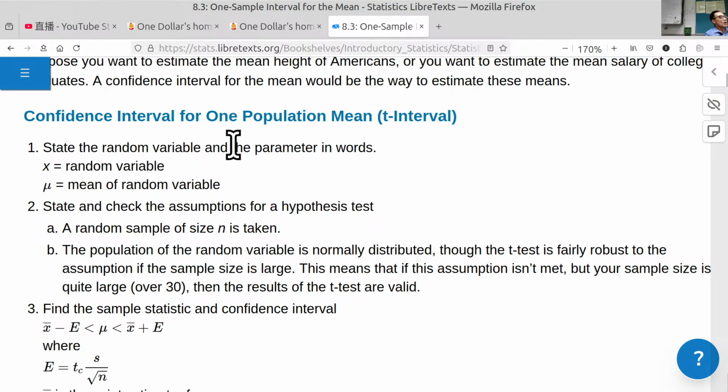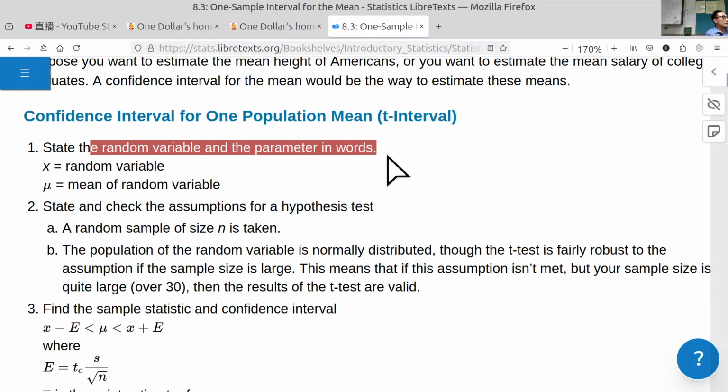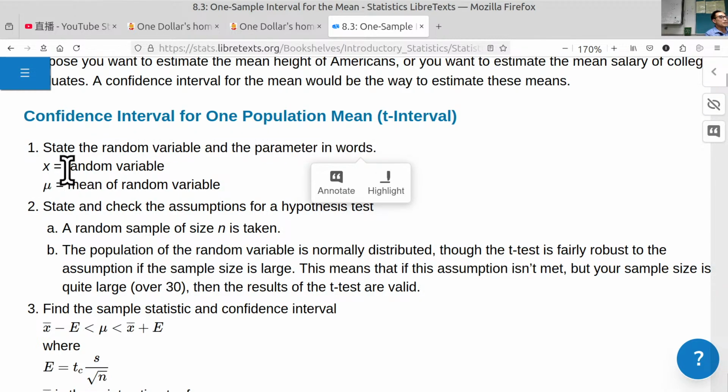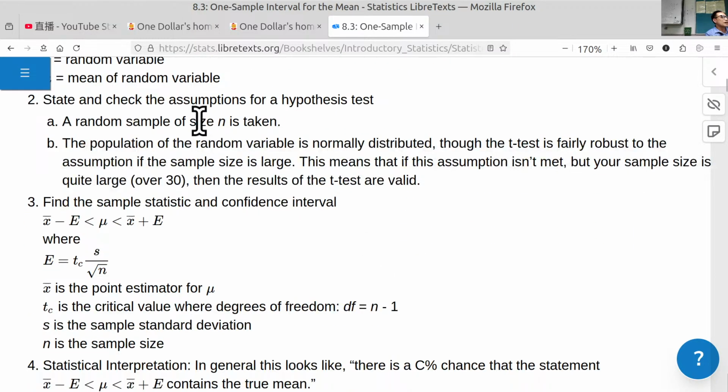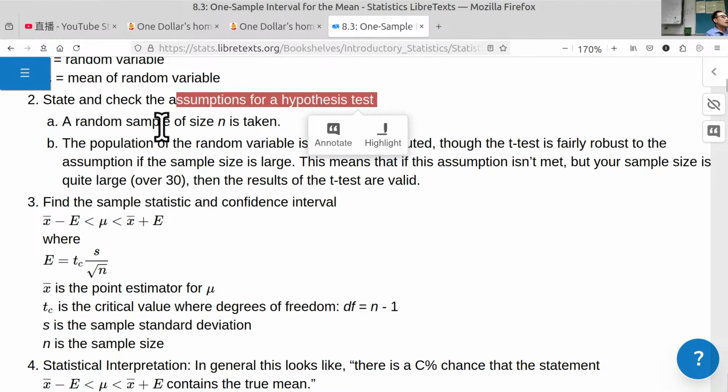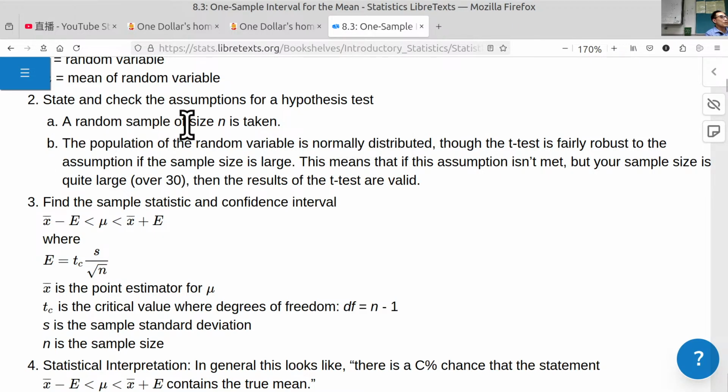Confidence interval for one population mean, t interval. State the random variable and the parameter in words. X equals the random variable, mu, the mean of the random variable. Get it? Then state and check the assumptions of the hypothesis test. First, a random sample of size n is taken.